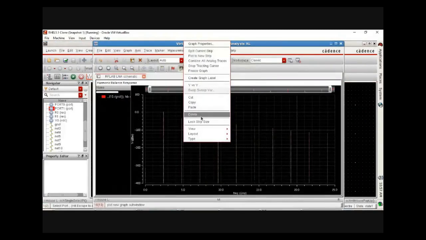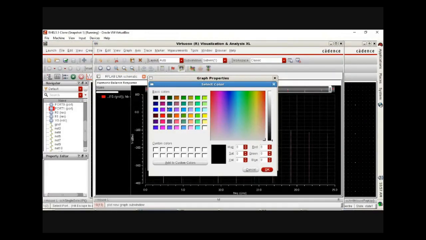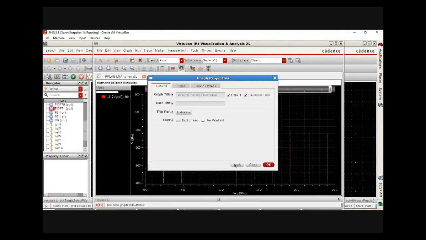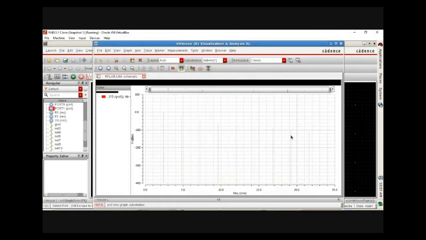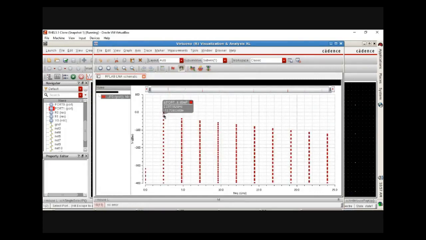I'm getting the frequency components. I hope you can see the frequency components at the output.